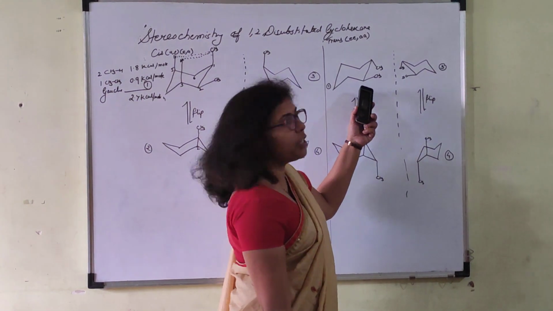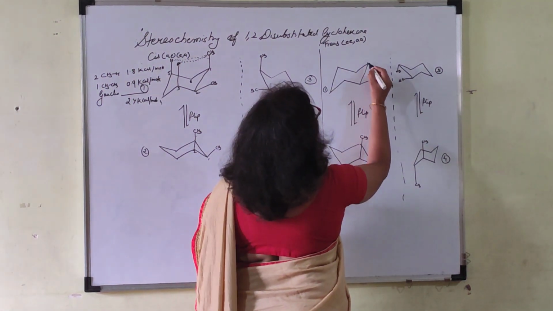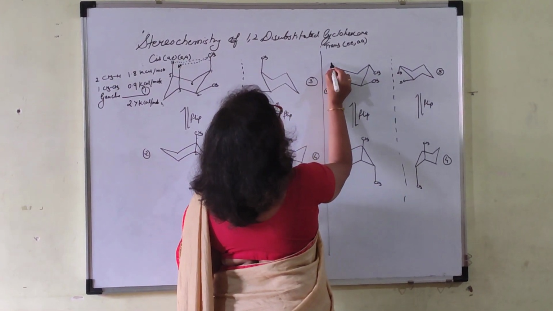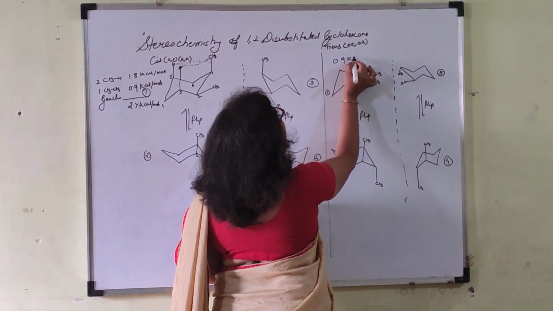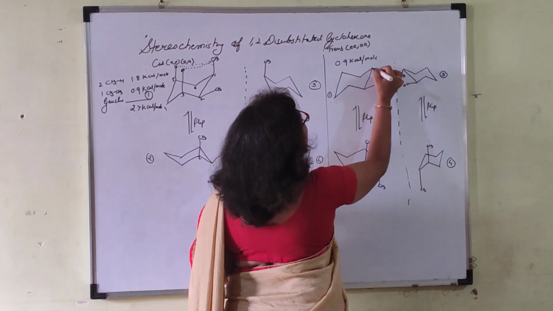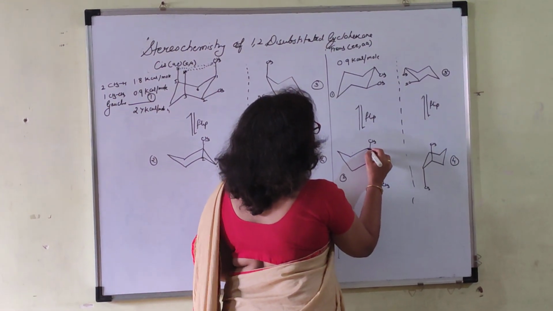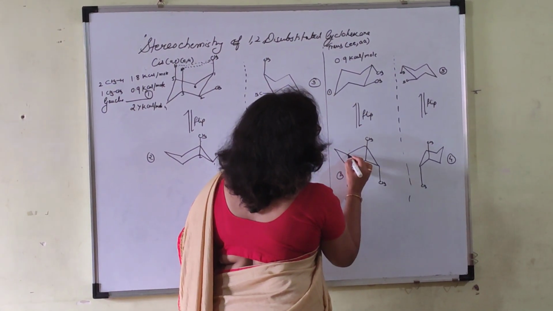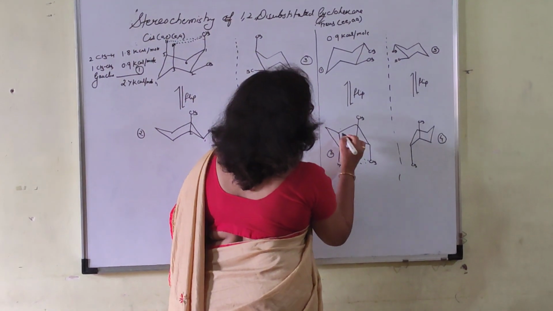Now let us check the amount of energy associated with this molecule. In this case, these two are gauche to each other. So therefore the amount of energy associated is 0.9 kilocalories per mole, as there is only one gauche interaction. In case of the diaxial position, each axial one will have two 1,3 diaxial interactions.